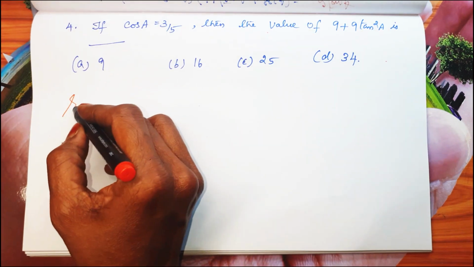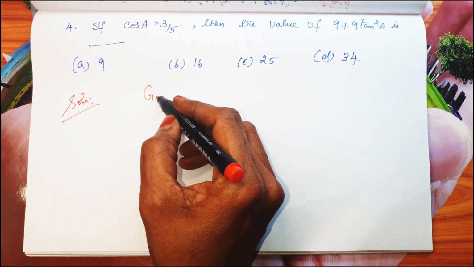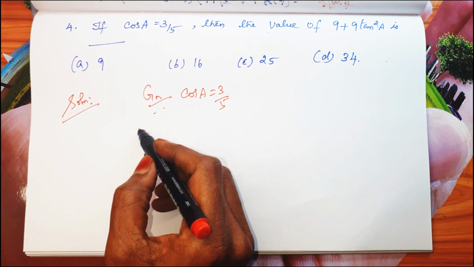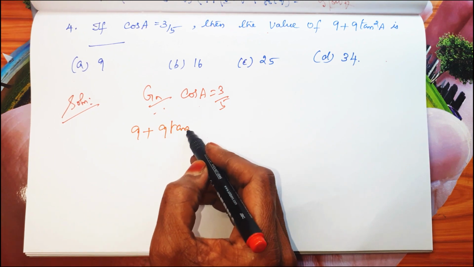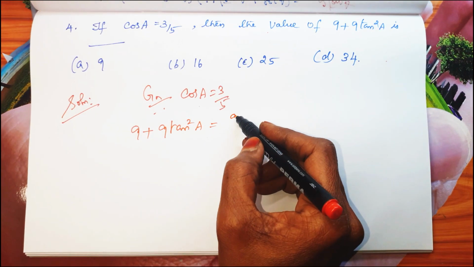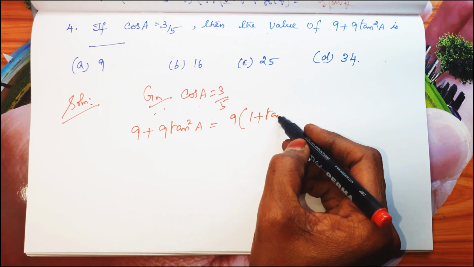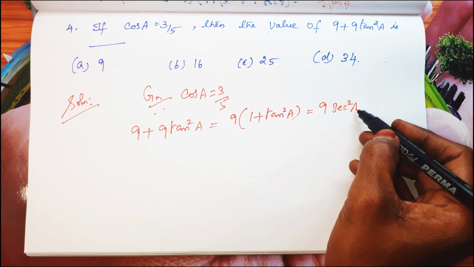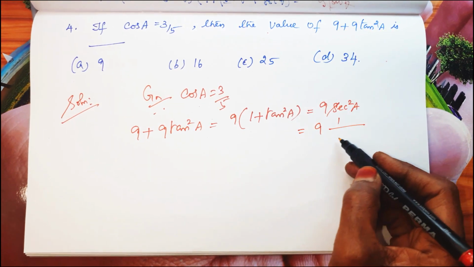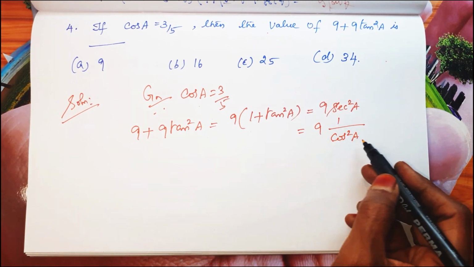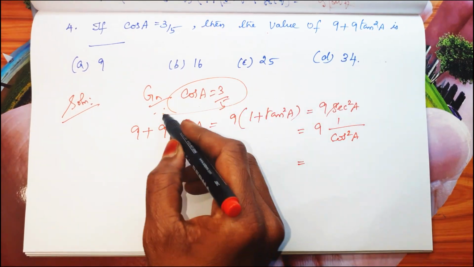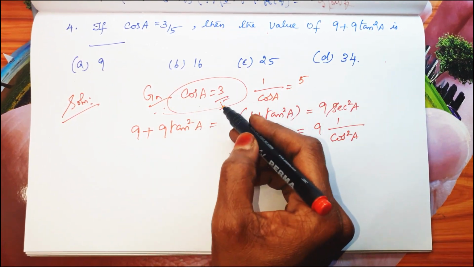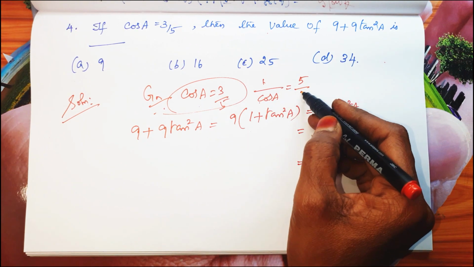The next problem what we are having is given cos A equal to 3 by 5, and we are going to find what is 9 plus 9 into tan squared A. Both are having 9 common, so I can take it outside. 1 plus tan squared. 1 plus tan squared is secant squared. Secant squared is 1 by cos squared. cos A is 3 by 5. So 1 by cos A is 5 by 3.